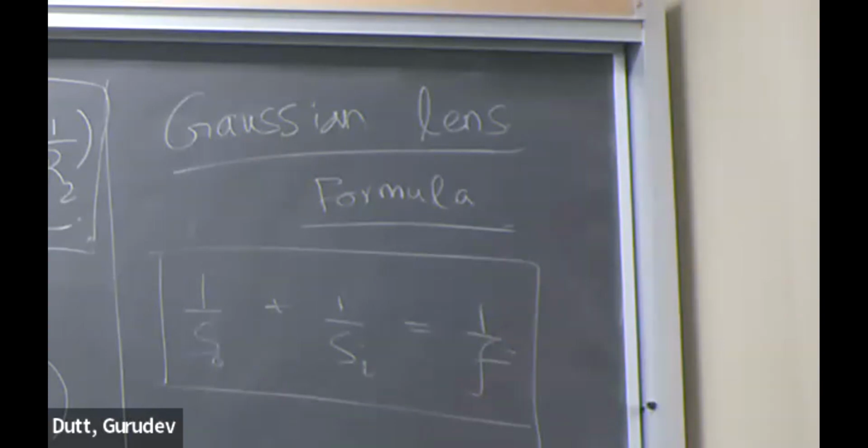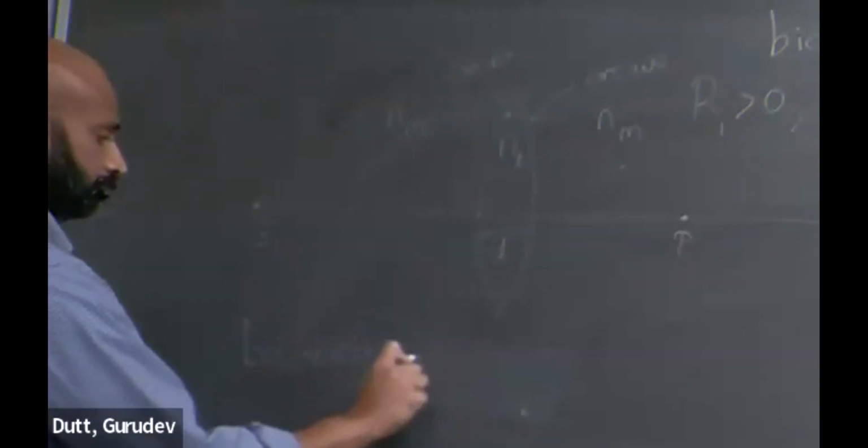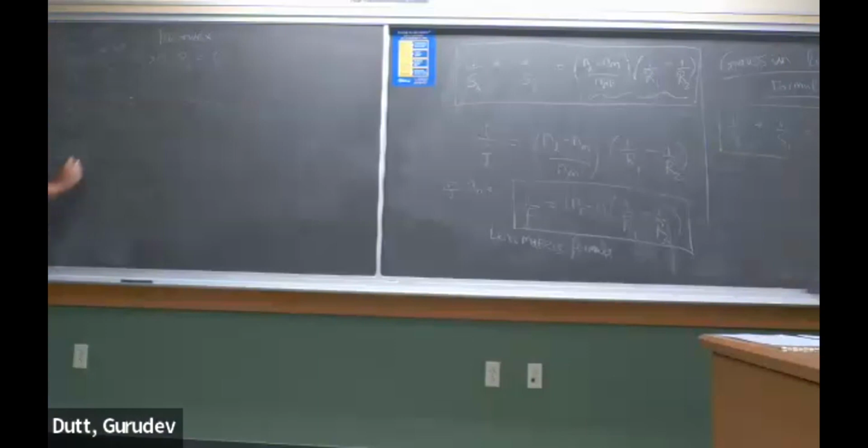So we have a biconvex lens, which is this type, where the lens is in this shape, and then we could have the biconcave lens, which should be like that.